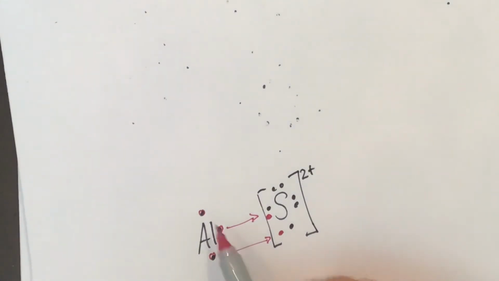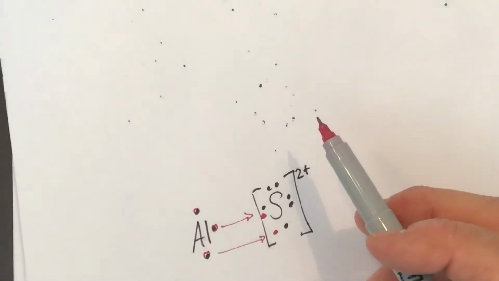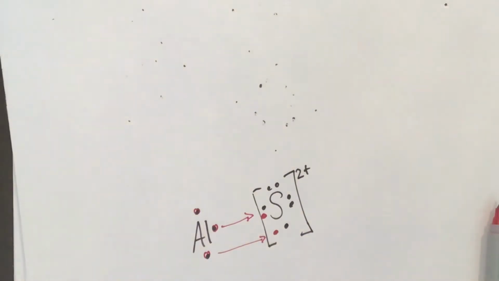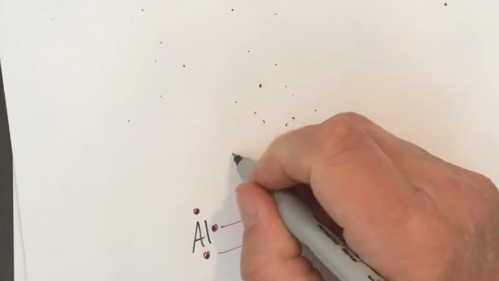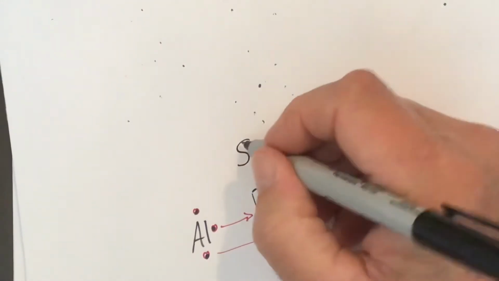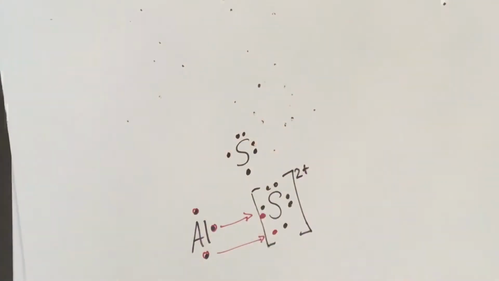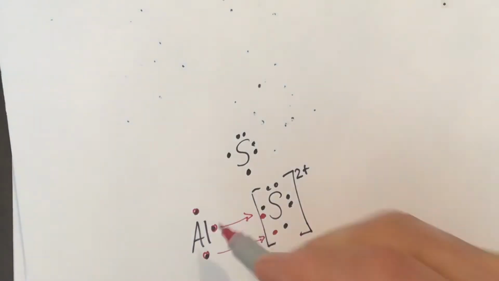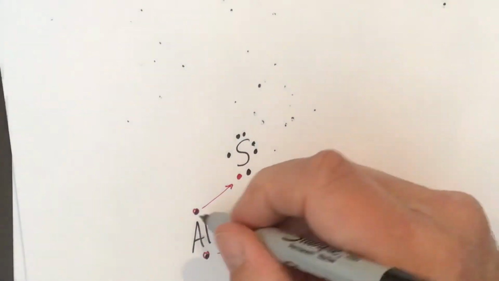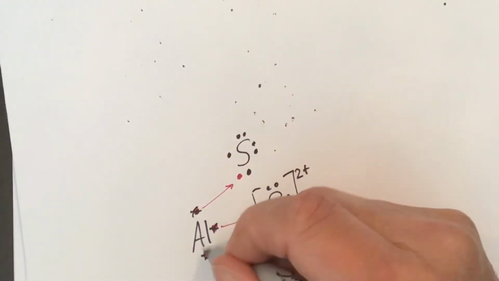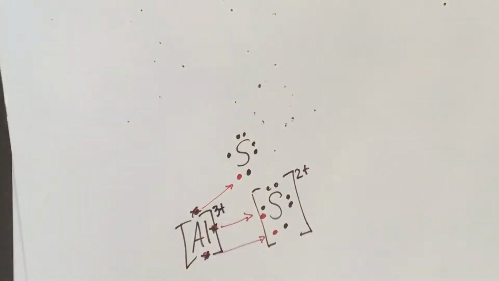But what about this one electron here? What are we going to do about that? Well, let's get another sulfur out here. And it's got 1, 2, 3, 4, 5, 6 electrons. And we're going to take this one, and it's going to go there. Okay, so now this is gone, this is gone, this is gone. Now we have our +3 aluminum ion.